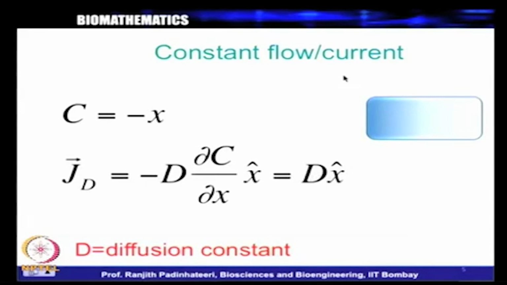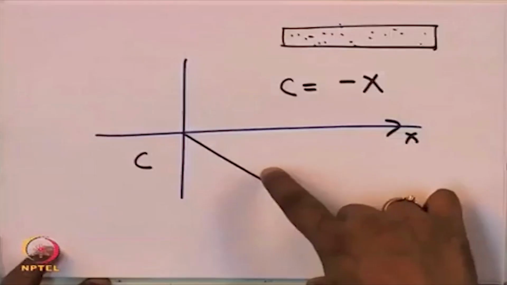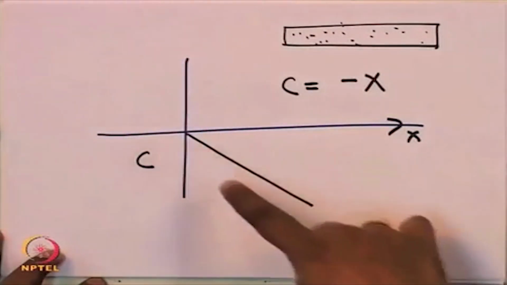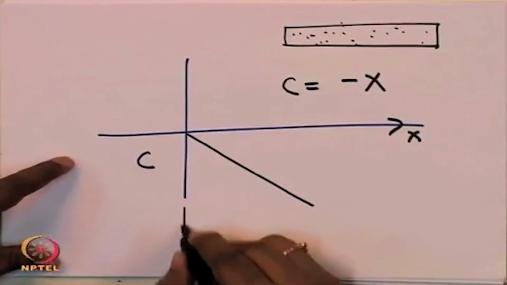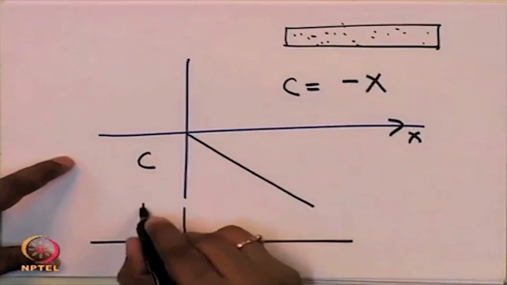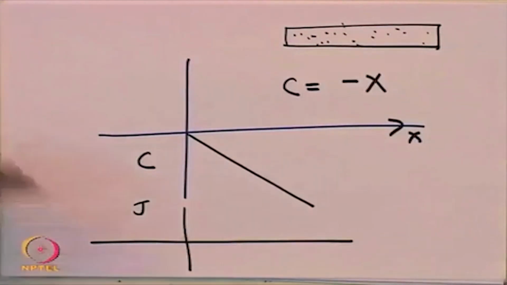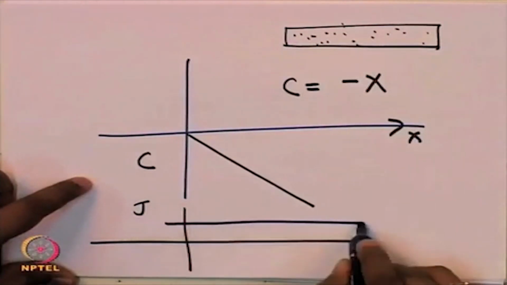This is a constant flow or a constant current. That means, if the concentration decreases linearly along x, the current, if you plot J, will be just a constant.